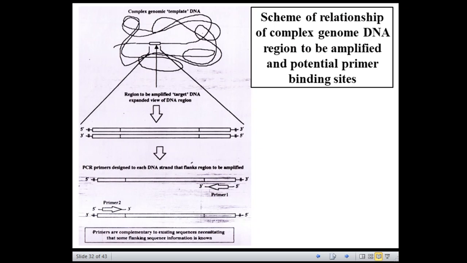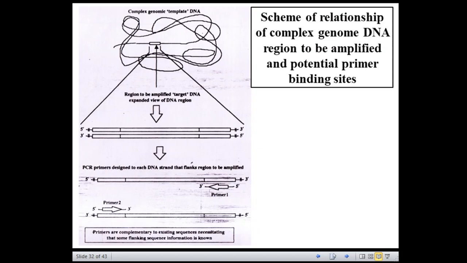That means if you are trying to amplify a segment or fragment of DNA of about 15 or 20 bases, the sequence flanking either side of the DNA to be amplified, which we call the target DNA, is very much required. That means the information of the sequences on either side of the target DNA sequence to be amplified is required.